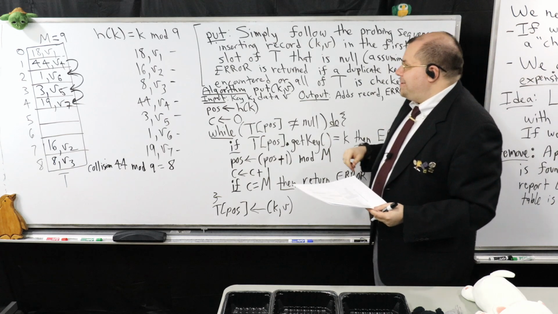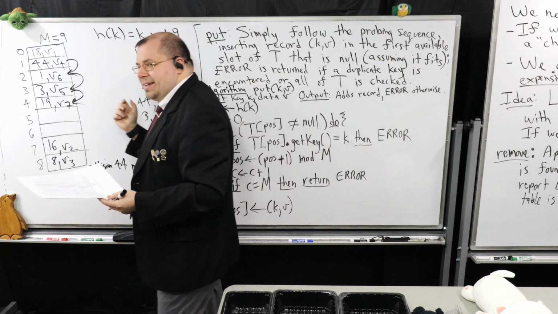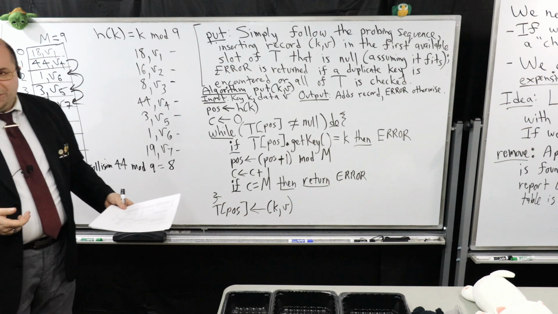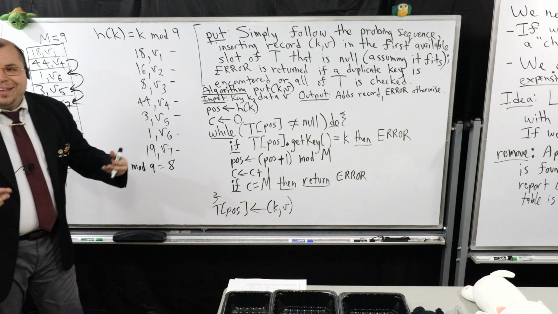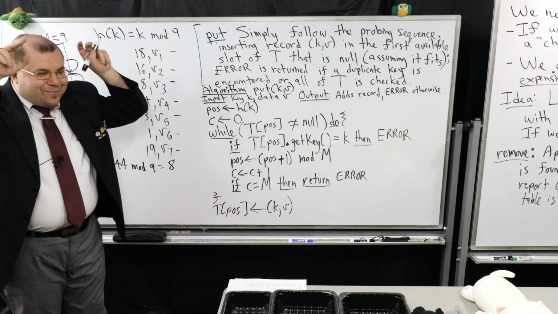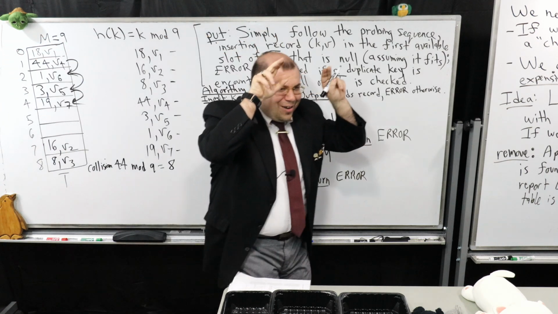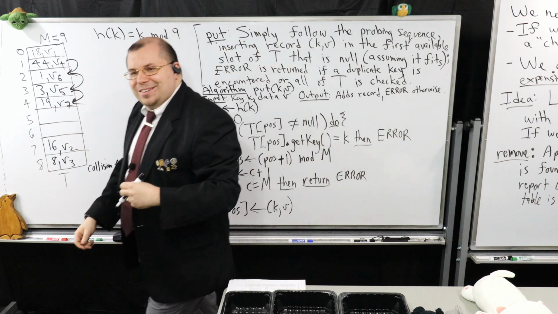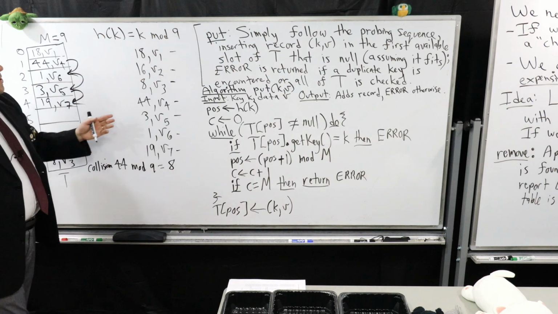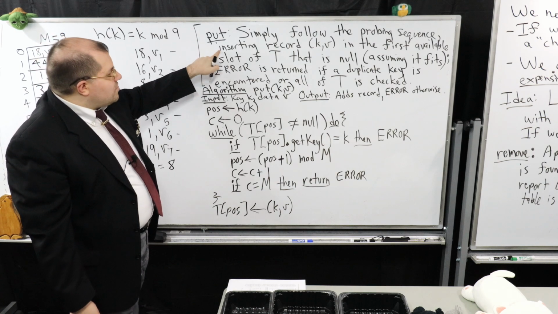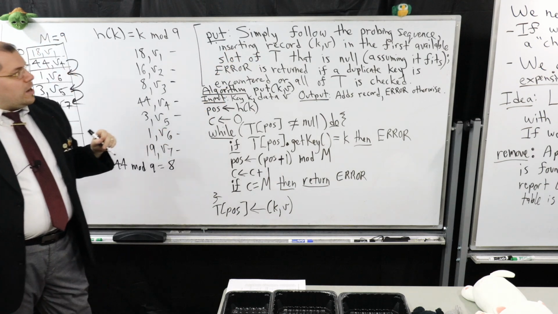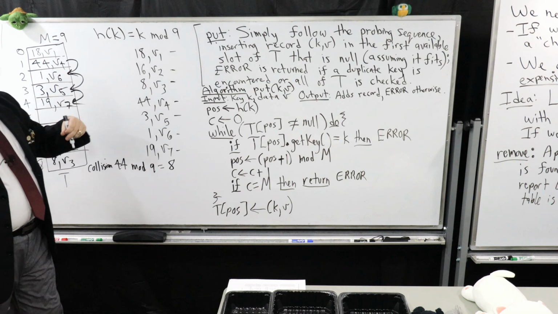Now I want to walk you through the process of this, because we've seen some examples of how you would carry this out. Like I said, just think of me hopping like a bunny rabbit. I go through each one doing hops. For the put operation, I simply follow the probing sequence, inserting the record in the first available slot of T that is null, right?